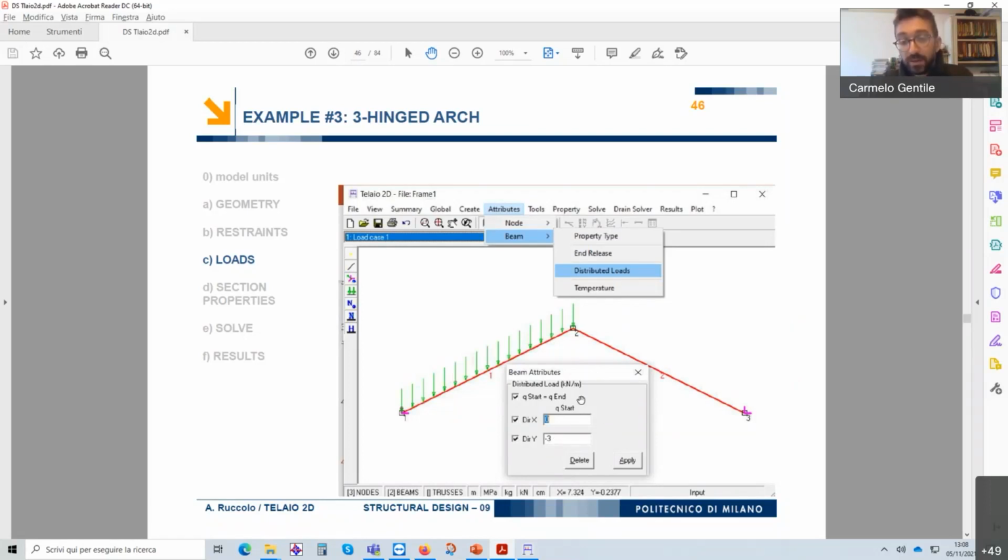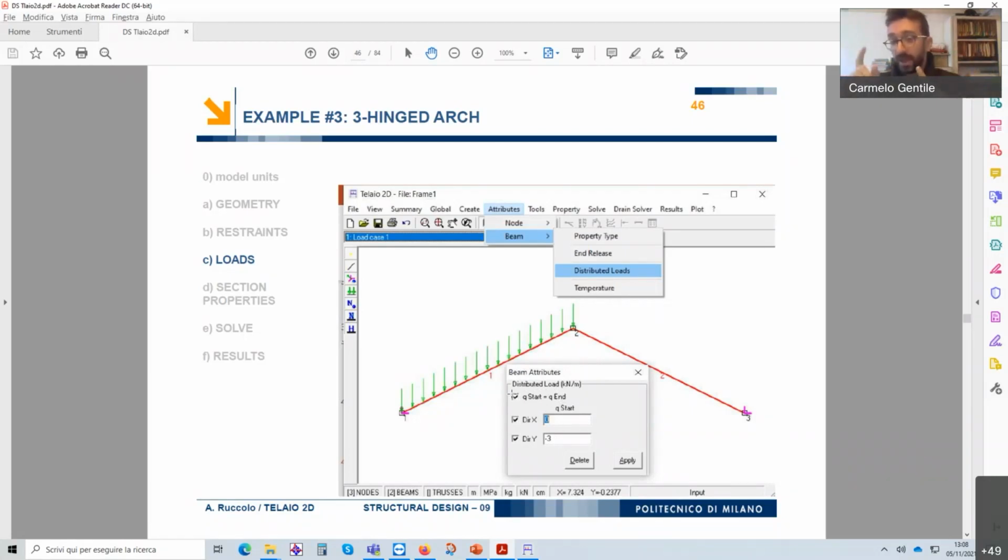Please also remember that this menu is toggled: Q start equal to Q end. If you untoggle it, you are saying that the load is not constant, but it is distributed and can vary with a specific law.